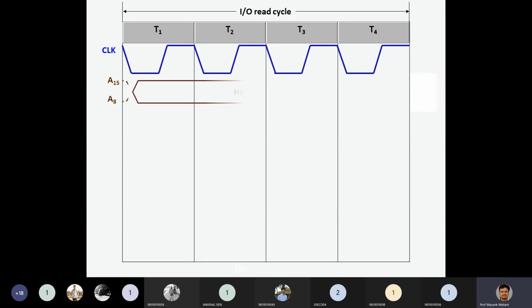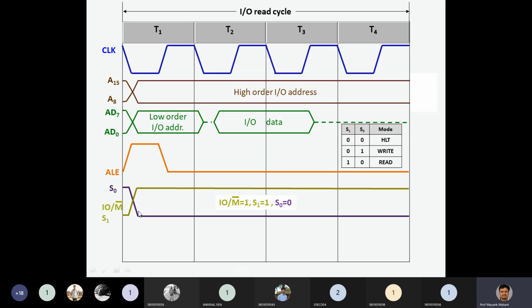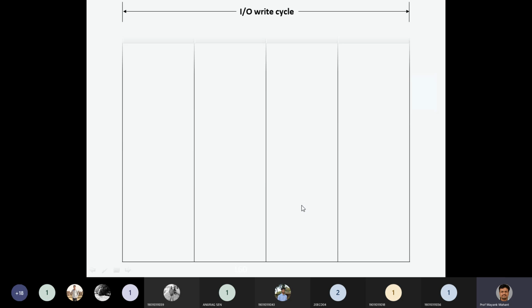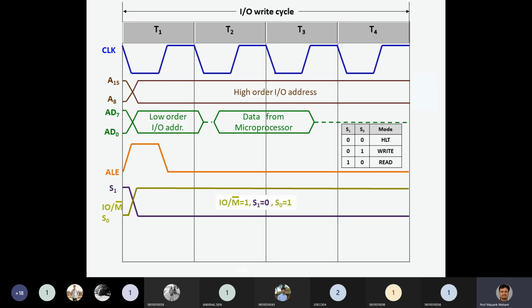IO would be the same as what we do for memory. The only difference is now IO/M equals 1, and S1 equals 1, you are going to read. Same for write operation, all things remain the same, only the write signal becomes 0.